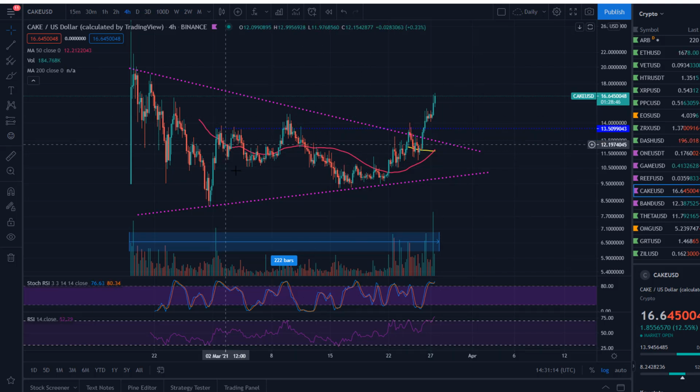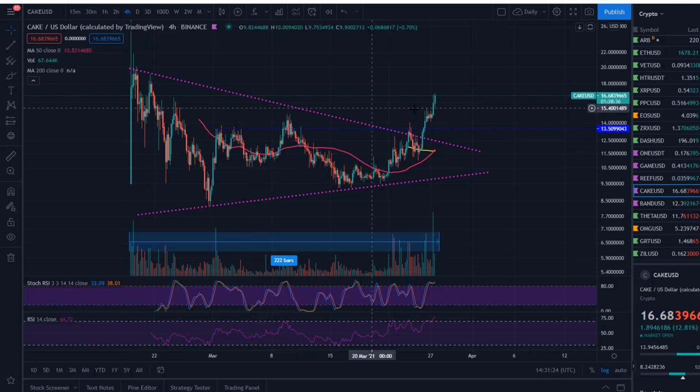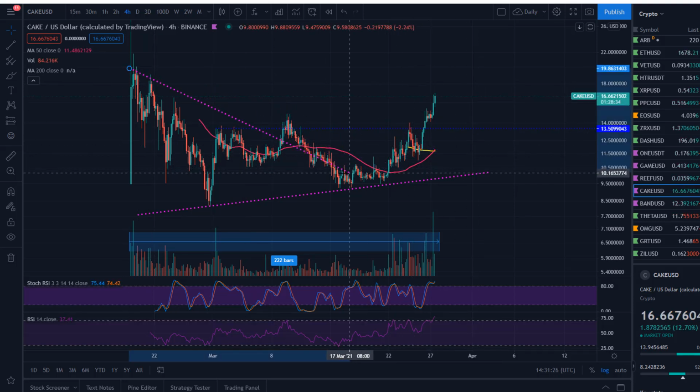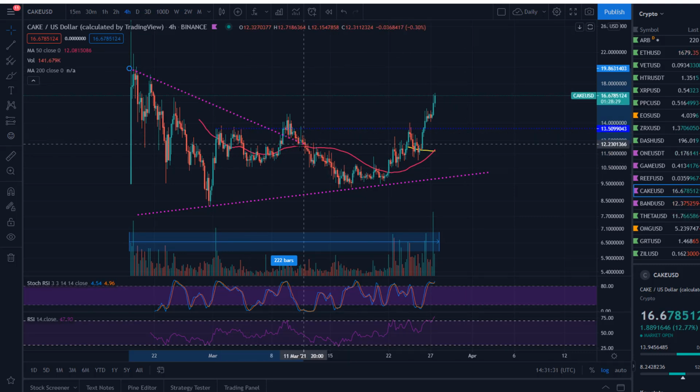So Cake came up and it looked exactly like Hathor, and I was like, oh my god, this could be the one. So I basically straight away jumped into it. Originally my line was something like that, I guess, thinking that that was the breakout there in this move.